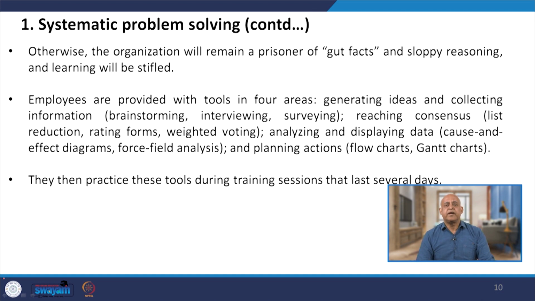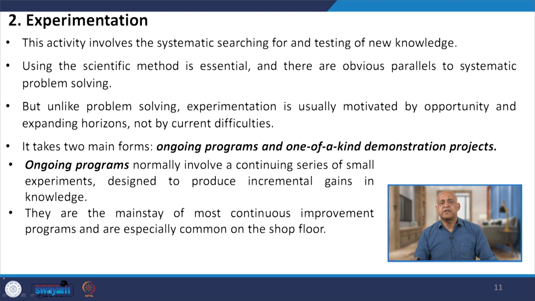So, employees are provided with tools in 4 areas: generating ideas and collecting information, such as brainstorming, interviewing, surveying; reaching consensus, through list reduction, rating forms, weighted voting; analyzing and displaying the data, through cause and effect diagrams, force field analysis; and planning for action, using charts. They practice these tools during training sessions that last for 7 days.